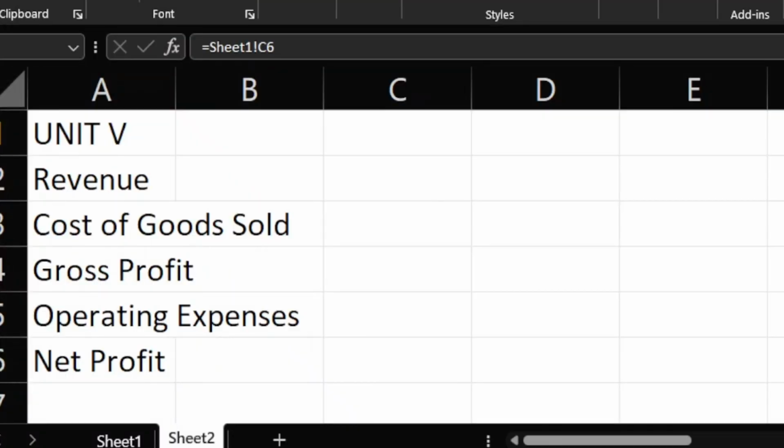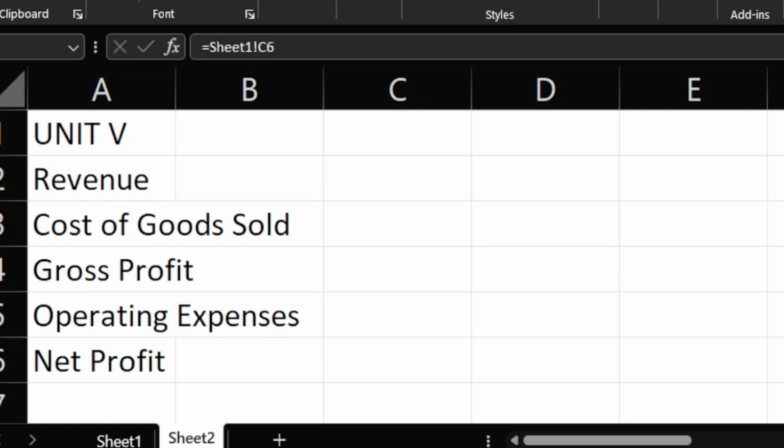So you see here on the screen, revenues for a particular period, how much it earned, and how much it incurred for providing those products or services, that we call cost of goods sold.